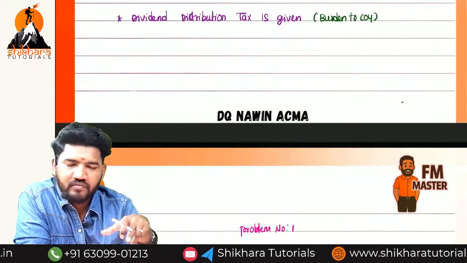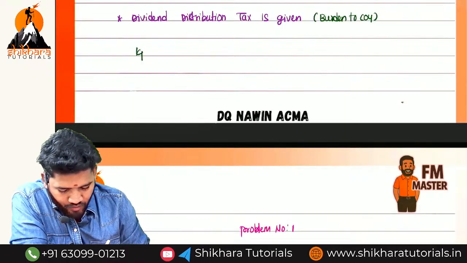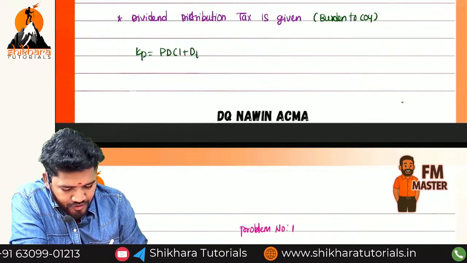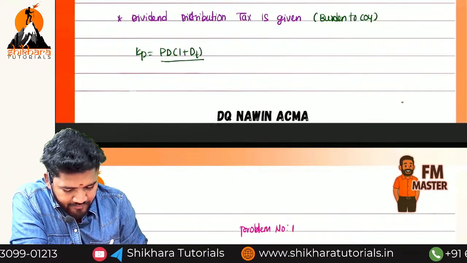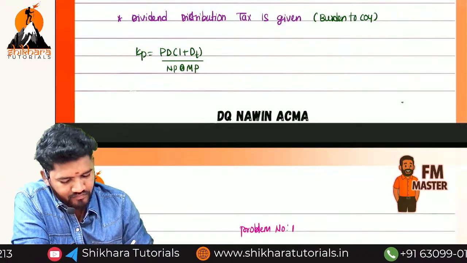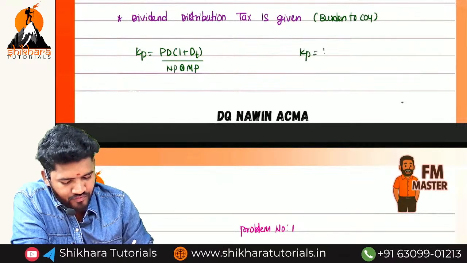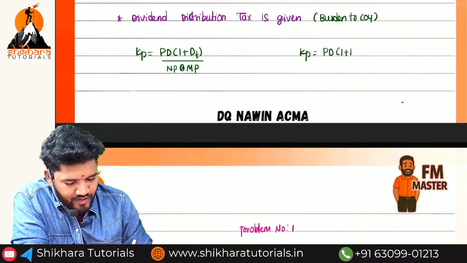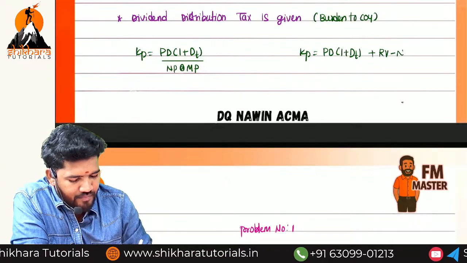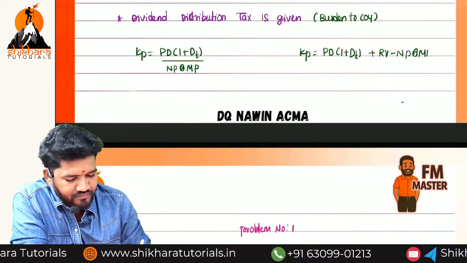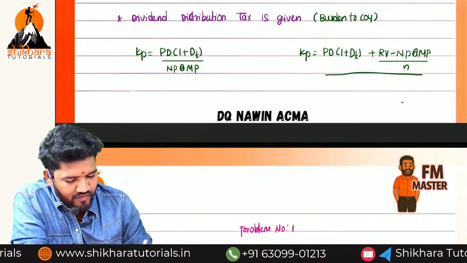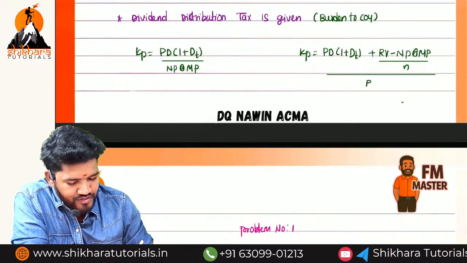Benefit to the company. Now KP equals preference dividend into 1 plus dividend distribution tax, divided by net proceeds or market price. KP equals preference dividend into 1 plus dividend distribution tax plus repayment value minus net proceeds or market price divided by N, whole divided by average.